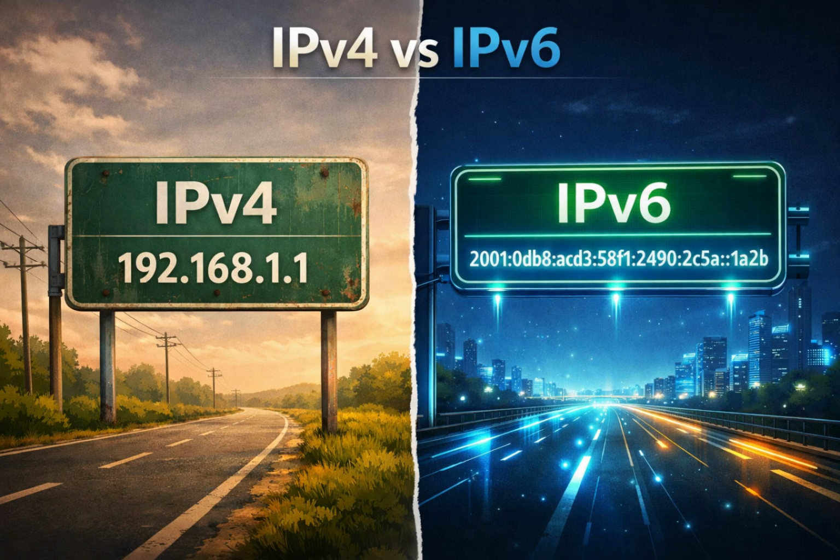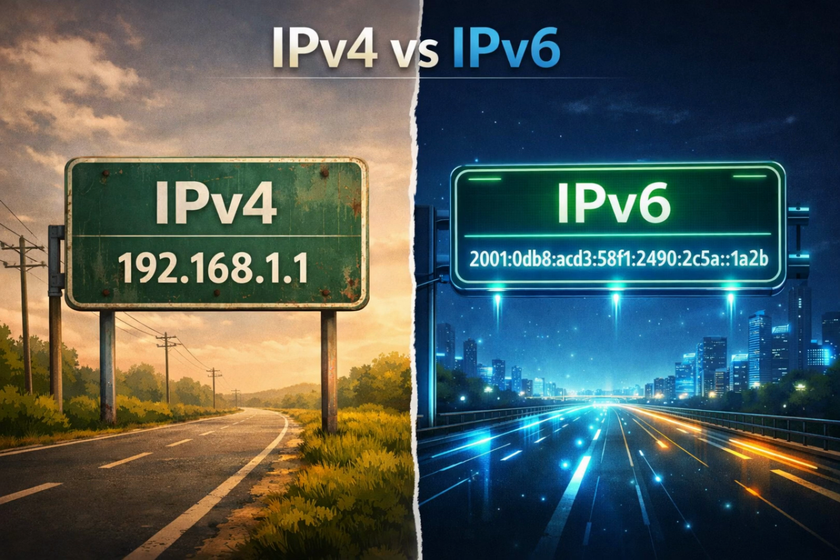So IPv6 was created in 1998 to solve this problem. IPv6 uses a completely different format. It uses both numbers and letters, and it can support a practically unlimited number of addresses, enough for every device on Earth to have its own unique address many times over.